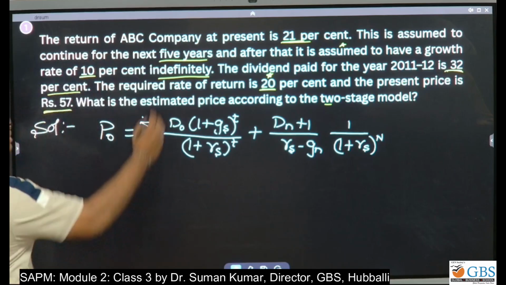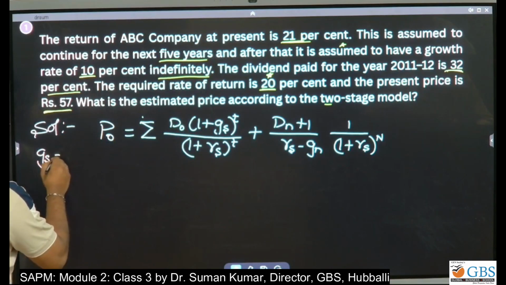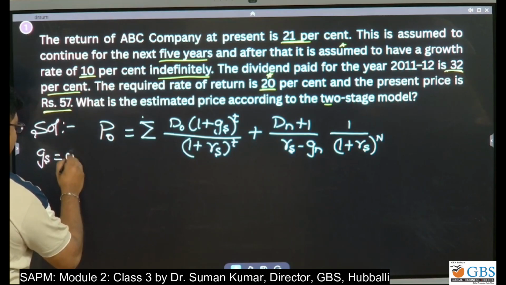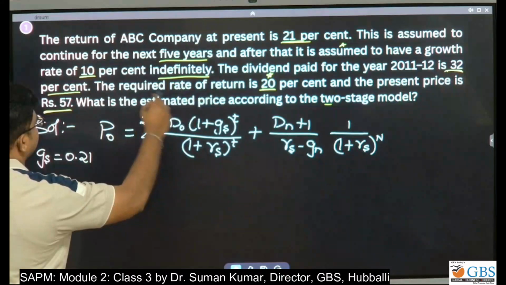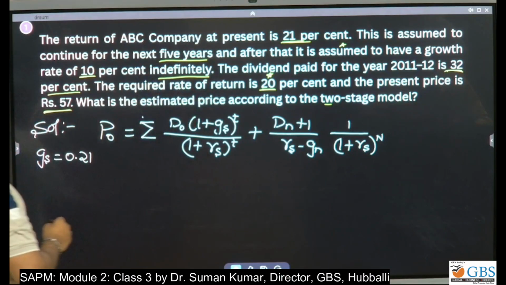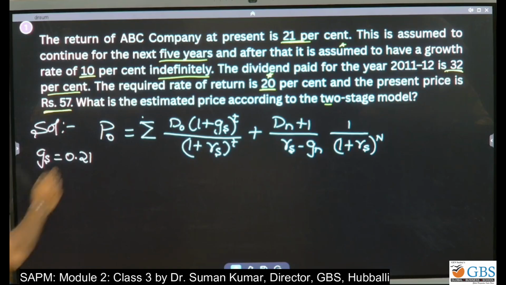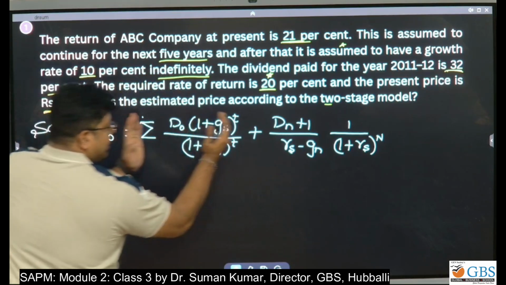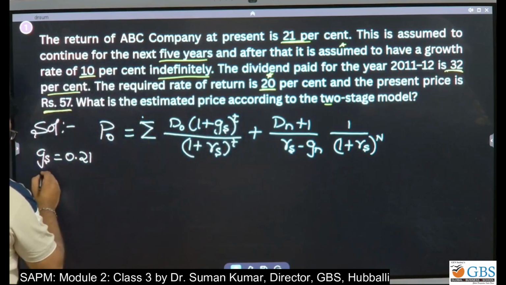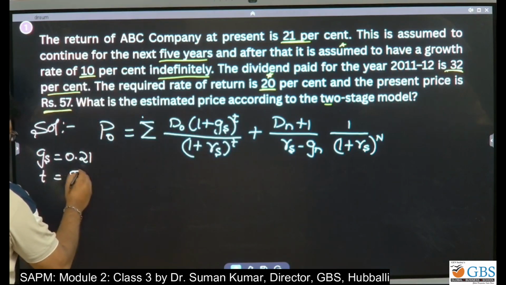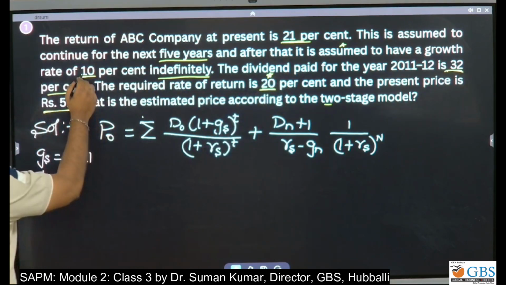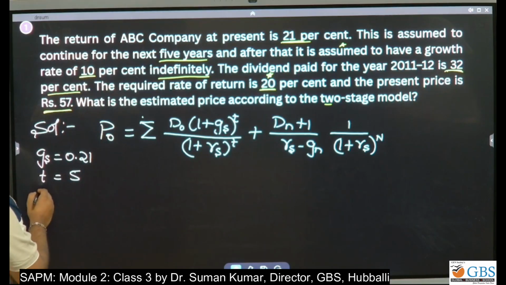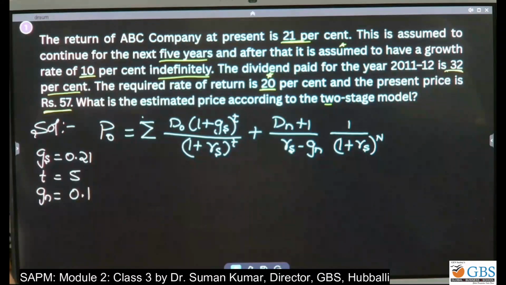So what is this 21%? gs is equal to 21%, that is nothing but 0.21. Next, t is equal to 5, the first stage. And after that, it is assumed to have a growth rate of 10%. gn is equal to 0.1.